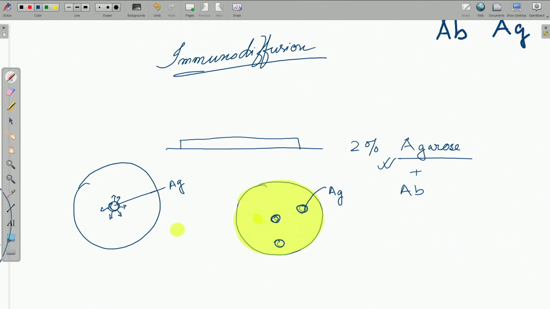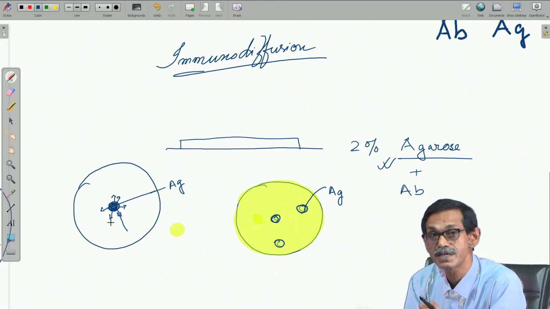Very close to the well, which is full of antigen, the concentration is very high, and the farther it goes, the more it is diluted. At a particular concentration it will reach the zone of equivalence, where the ratio is perfect to make a precipitate.